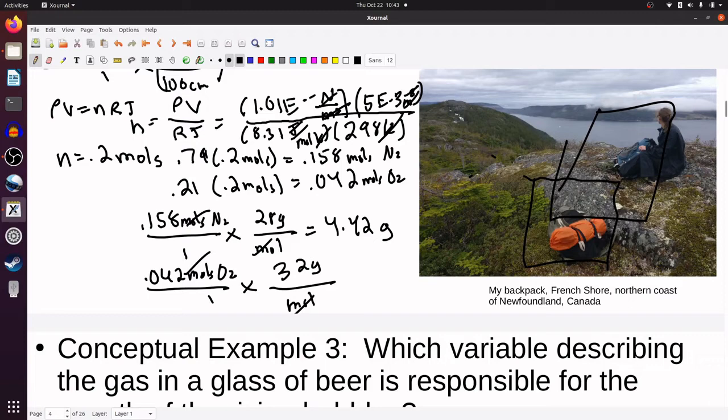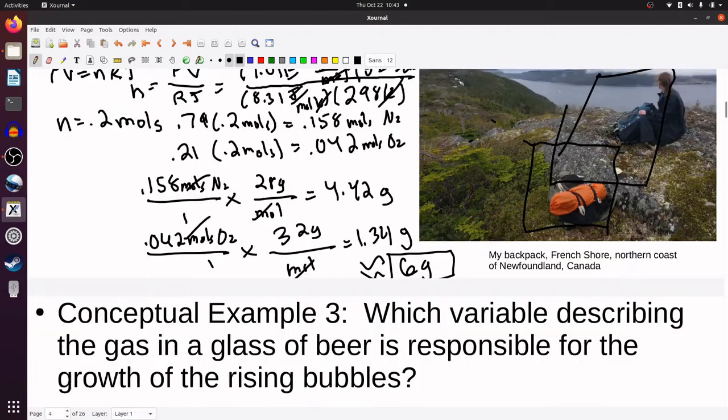Sorry. And that's going to give me 1.344. I'll just say 1.34 to keep it the same. So, almost 6 grams of air I have to carry around my backpack. Obviously, it's not weighing me down, and it's kind of weird to think about air as having a mass, but yet it does have mass. It takes up space. So yeah, fun times.